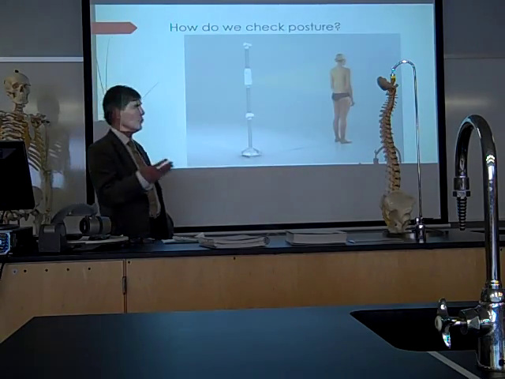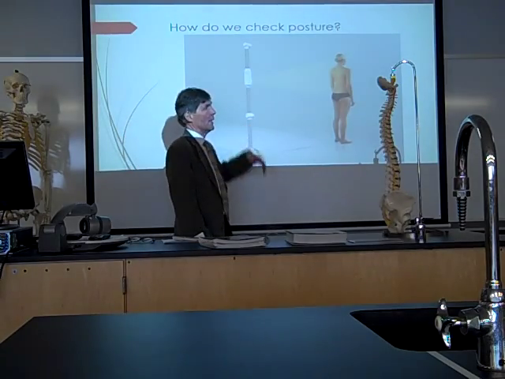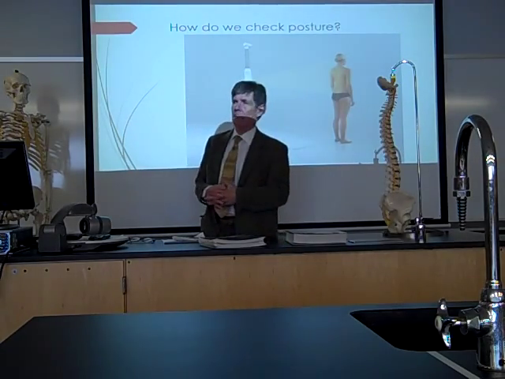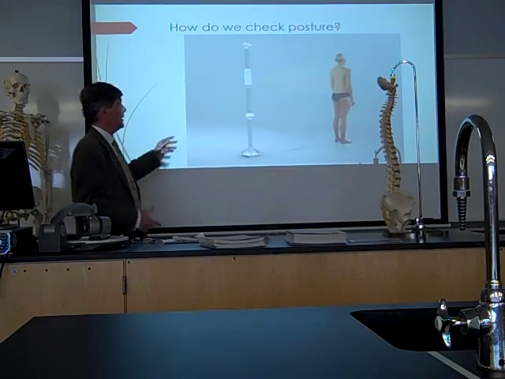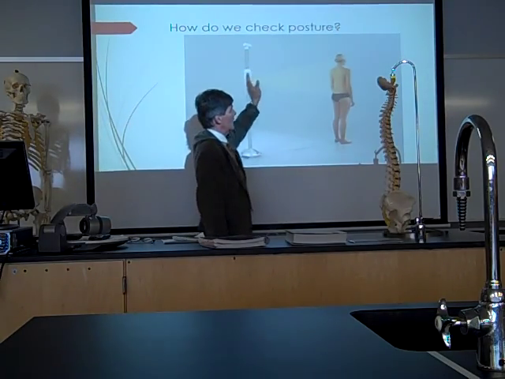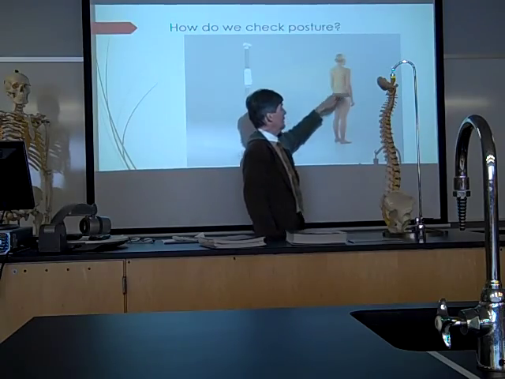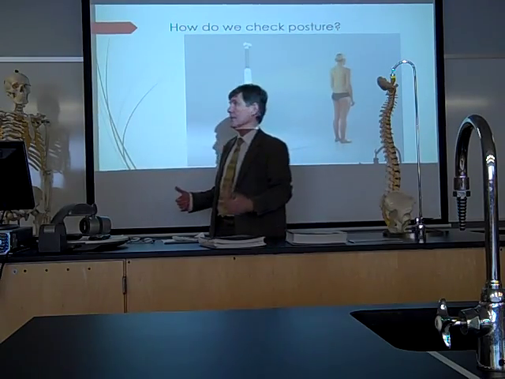So how do we truly check posture? There are a variety of different ways. Some are a little bit more expensive and elaborate than others. This particular one is using a grid of lights that goes across the back of the spine, and they're basically checking.